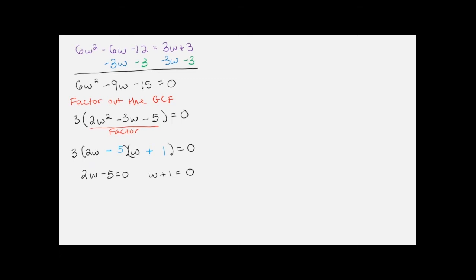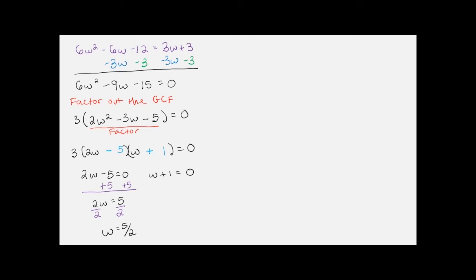And now I'm going to solve these for w. So let's solve the first equation, 2w minus 5. So I'm going to add 5 to both sides. That gives me 2w equals 5. Then you divide both sides by 2, which gives us w equals 5 halves.